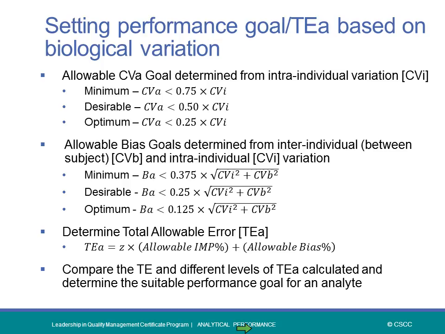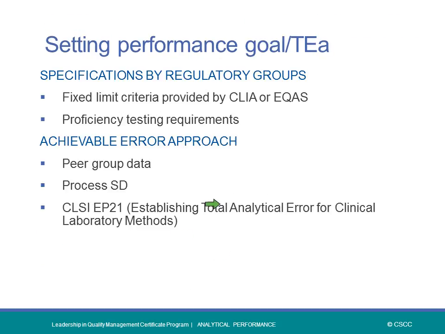Now, in terms of deriving performance goals from other sources, state-of-the-art, there's a number of sources. CLIA, external quality assurance schemes, proficiency testing requirements, all of these I think are used by most of us to some degree in developing our quality standards.